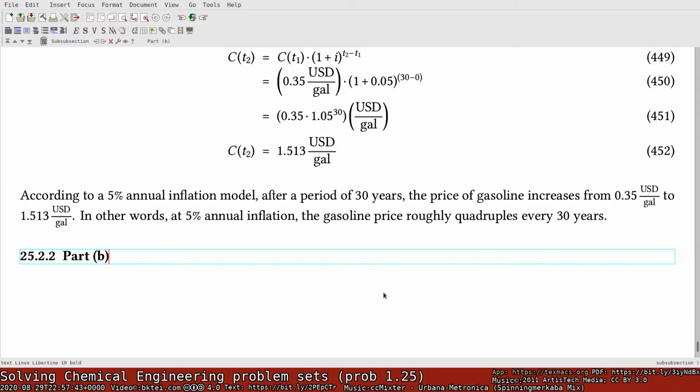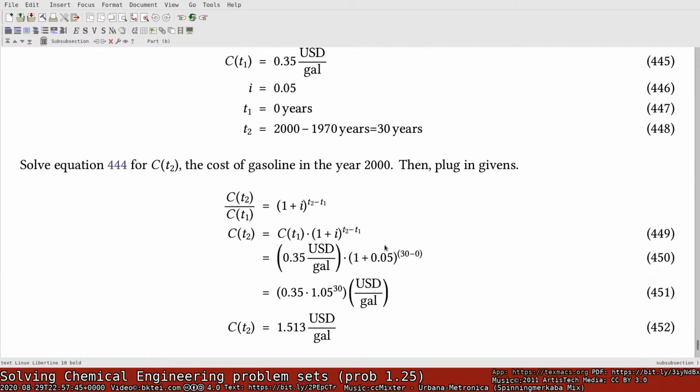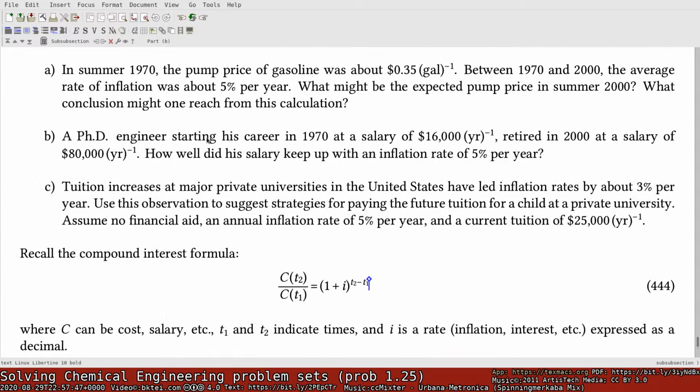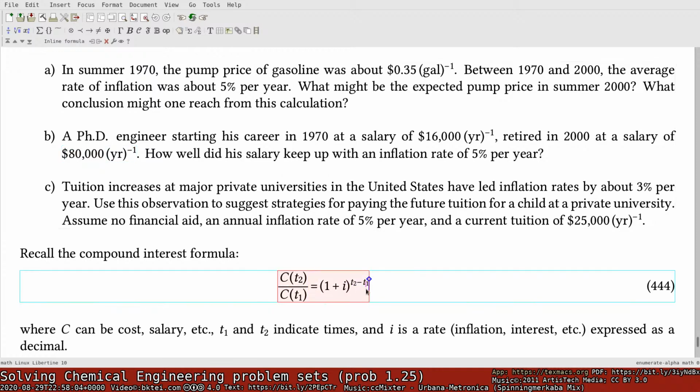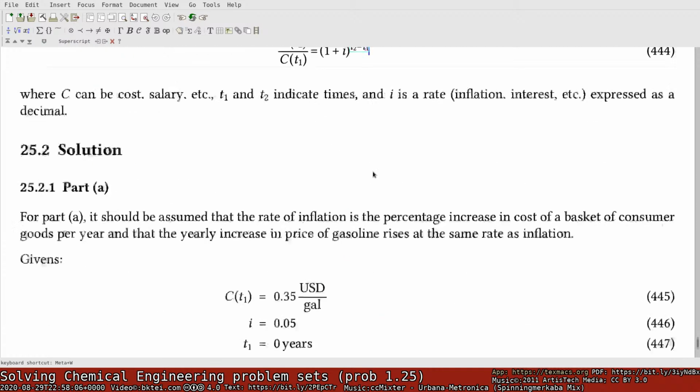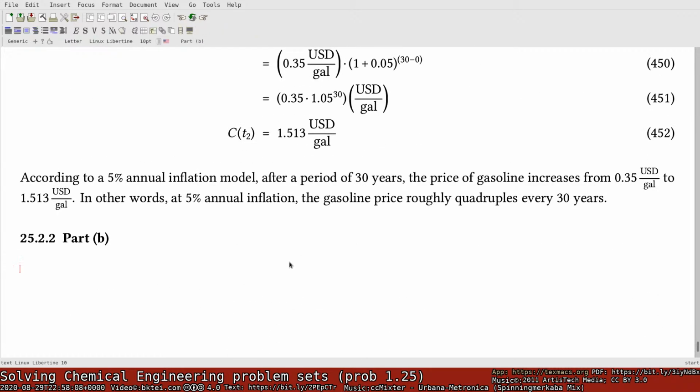Part B. Part B gives us in 1970 a starting cost of $16,000 per year and an ending cost of $80,000 per year. And it's asking us to do the reverse, which is to calculate I. All right, so let's do some givens.